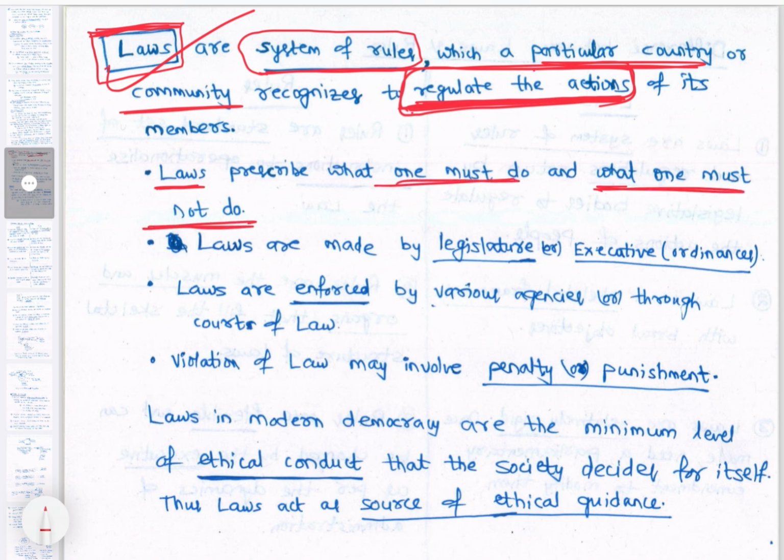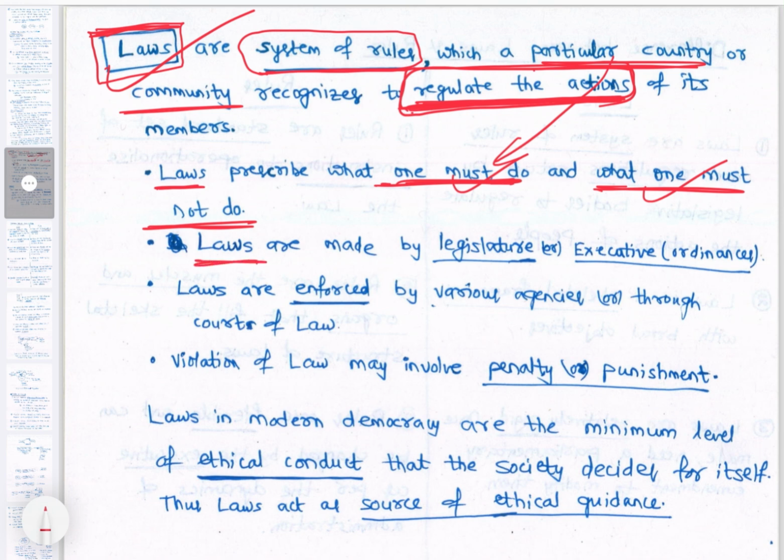The Prevention of Corruption Act is a law, so it prescribes what one must do and must not do. Again, the Prevention of Dowry Act is a law; it also prescribes what one must do and must not do. So every law prescribes what a citizen of a country or a particular community must do and must not do.